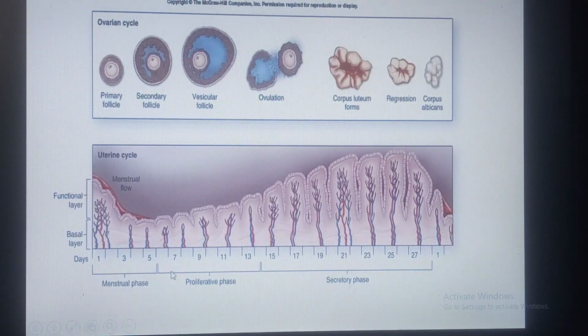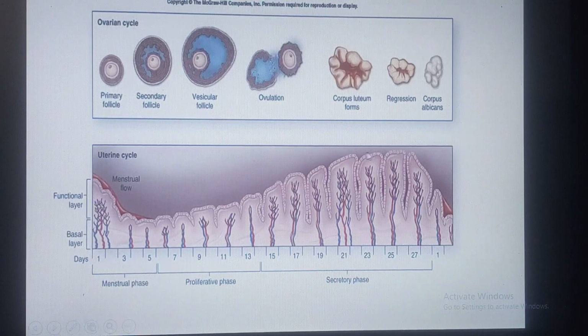Then we're also going to have the proliferative phase, under the influence of follicle stimulating hormone, so that the granulosa cells of the follicles will be producing estradiol to prepare the uterus. So you can see the uterine glands will be increasing. Then after ovulation, the corpus luteum will be formed, and corpus luteum formation will lead to formation of more progesterone.